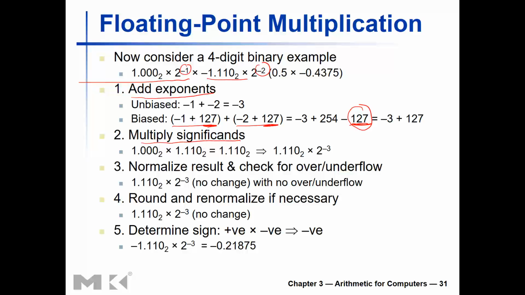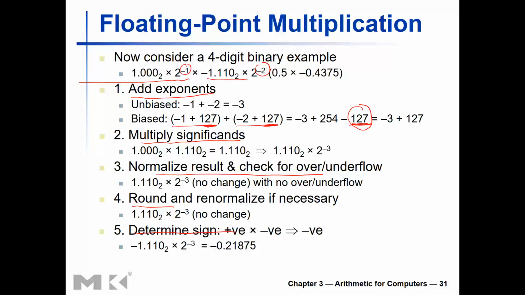Now, we then multiply the significands, the numbers. We normalize and check for overflow and underflow. After normalization, we round and normalize again if necessary. And finally, we determine the sign of this multiplication.